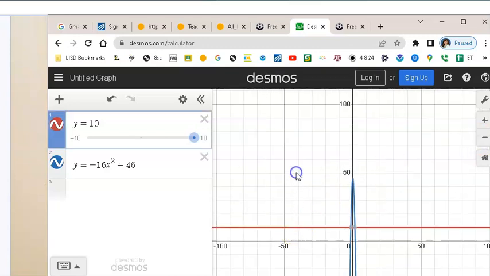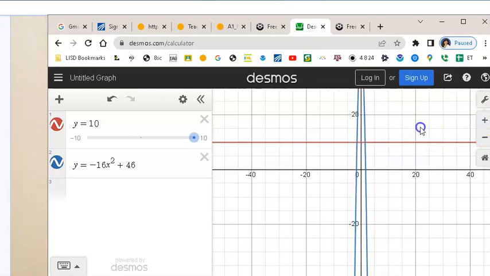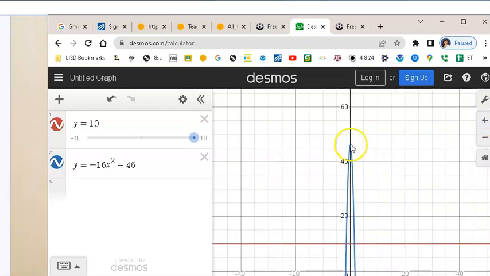Now, if I zoom out a little bit, we can see that he's up here and the chestnut is just falling. It's not like the chestnut is going up and coming down. So really this half of the parabola, I don't really need.